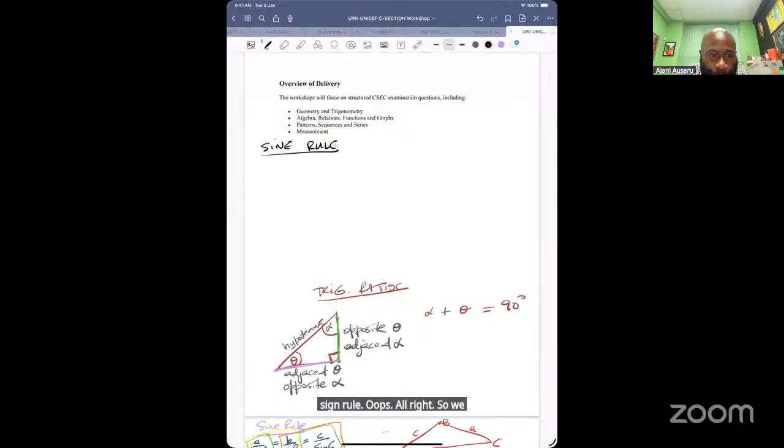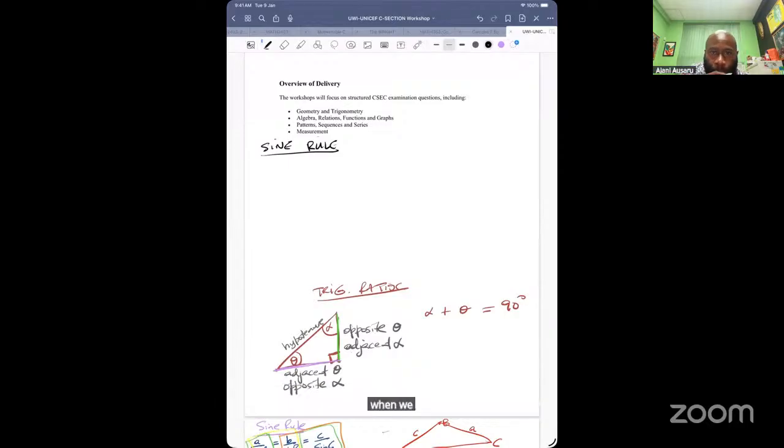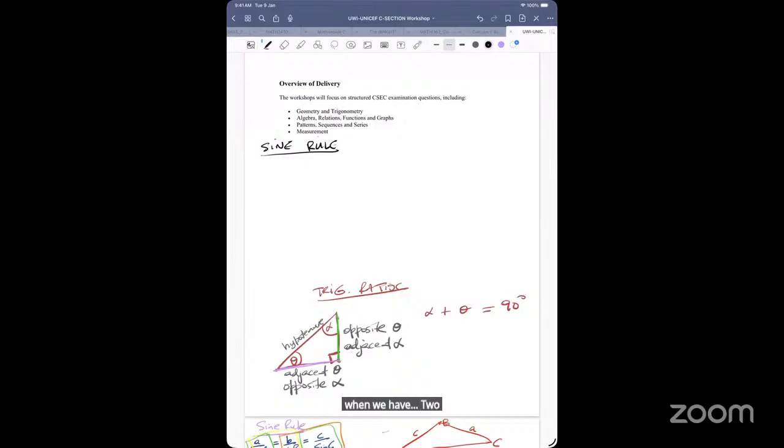So we use the sine rule, as we just demonstrated, when we have two sides and two angles, and it's not the included angle.